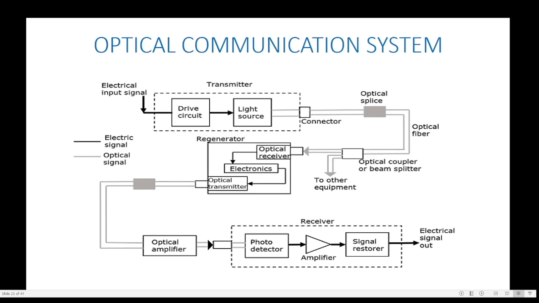In this block diagram, repeaters have some important parts: optical receiver, electronic device and optical transmitter. The optical transmitter transmits this signal, and finally this signal is amplified by an optical amplifier and then sent to the receiver.